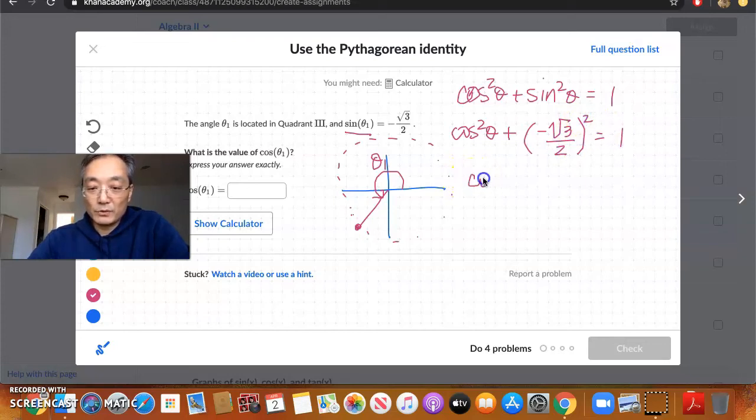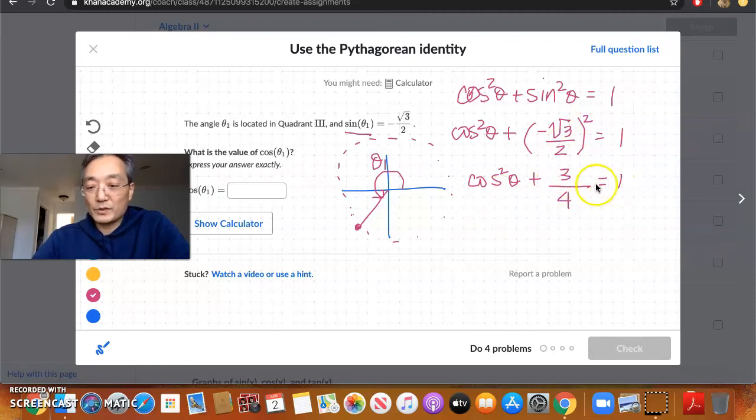Now we're going to do the squared separately. Negative radical 3 squared is just 3, and 2 squared is 4, which is equal to 1.